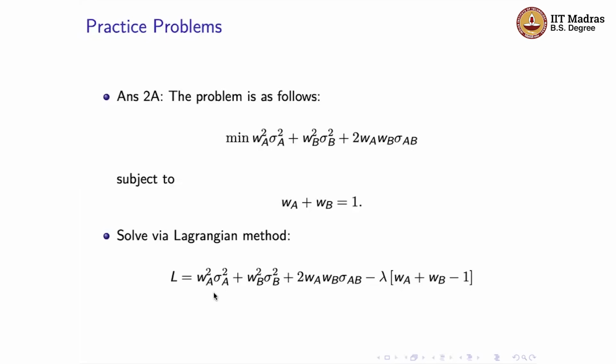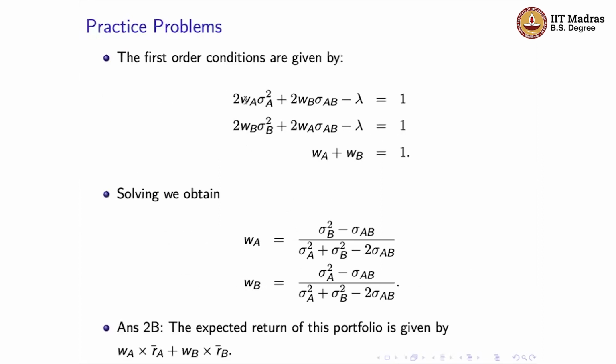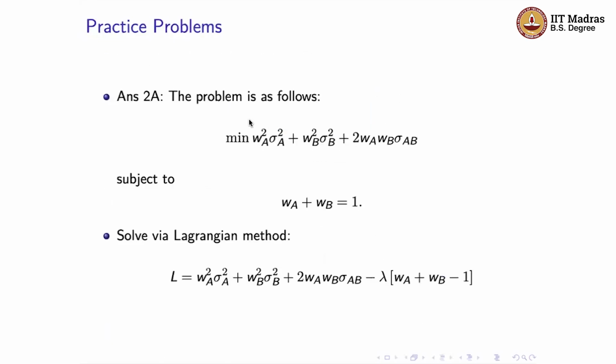By the way, that's another reason why, when we discuss this problem in the lecture, because of these different 2's that come up here, that is a reason why we had put a half in front of it.